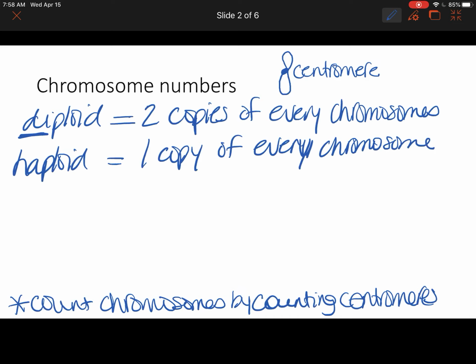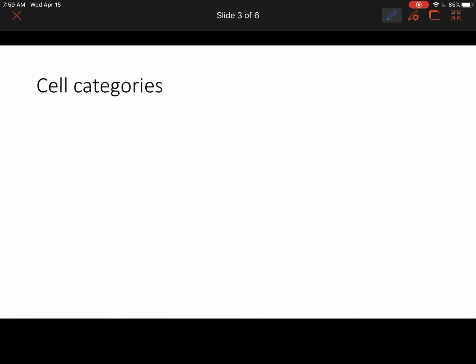Now, for animals, the only haploid cells that we have are our gametes. And gametes are sex cells, okay? The rest of all animal cells are diploid. But that's not true for every organism.